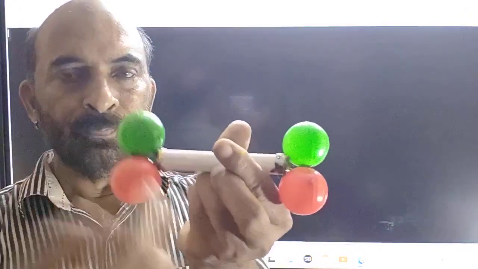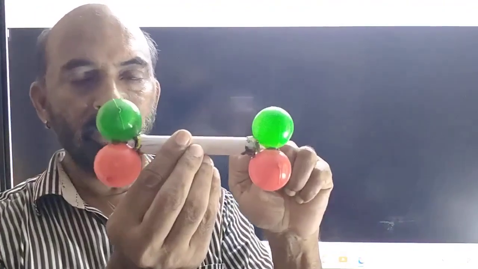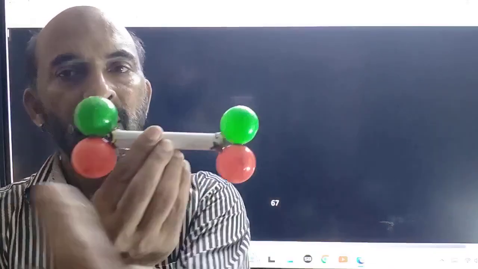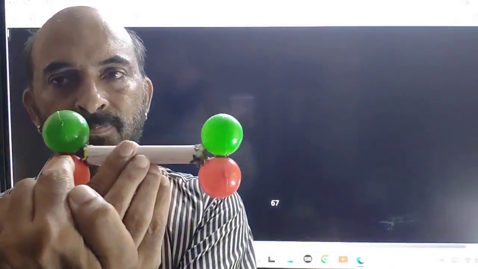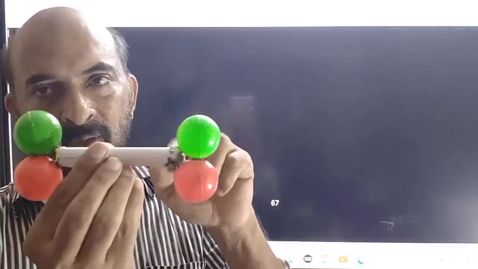On the other hand, if one yellow comes from this side and the other yellow comes from behind, I repeat, one yellow comes from here, the other yellow comes from back.